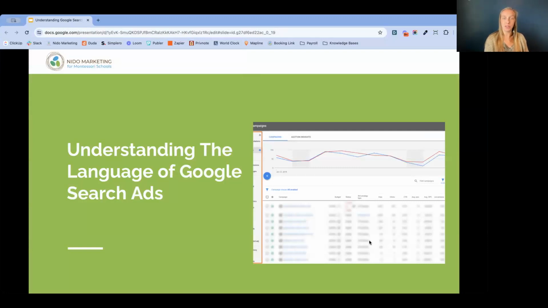All right, so now we're going to jump into the language of Google search ads. We're going to get a little technical here, so bear with me. If you have any questions, let me know as we go through this last little part, where we talk about the language and the reporting. Are there any questions so far? I want to stop before I jump into this and make sure everyone is okay with everything I've talked about so far.